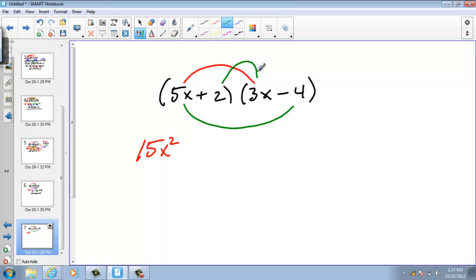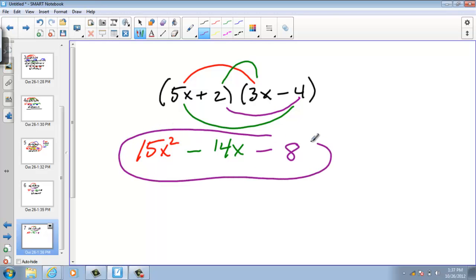Product of the inside terms, 6x. If I combine negative 20x and positive 6x, you get minus 14x. Product of the last terms, minus 8. So you can skip that step and get directly to your final simplified answer. Now it might take a little bit of practice to get to there, but I would expect you to be able to get there eventually.